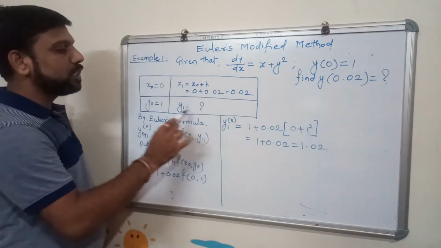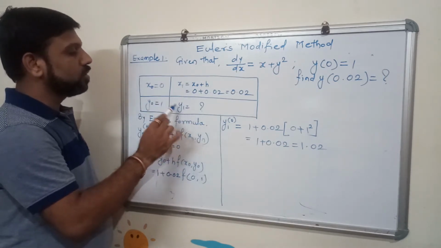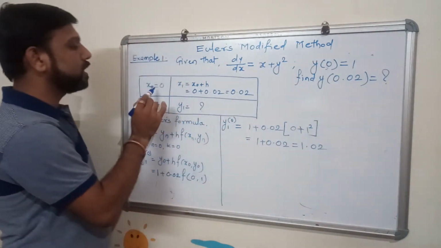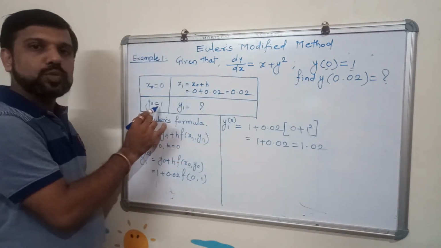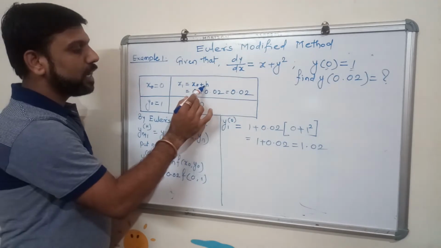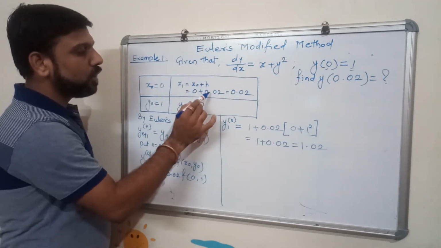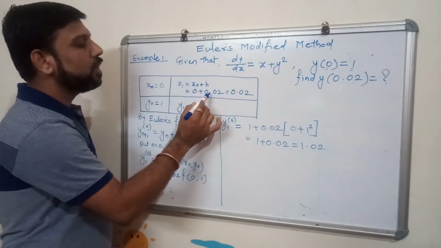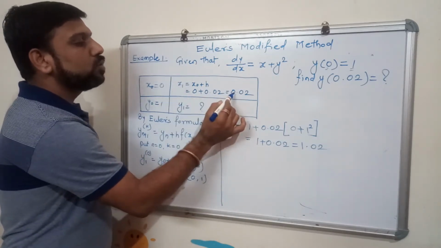Initially we'll make a table to understand what iterations we have to find. x0 value is 0, and y0 equals 1. Now x1 value is nothing but x0 plus h. The x0 value we have is 0, and h we have to assume if it is not mentioned in the problem.